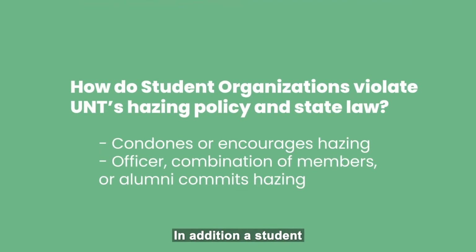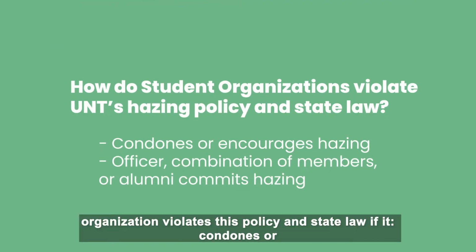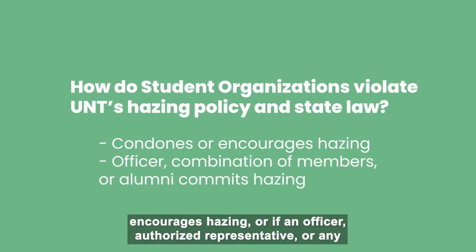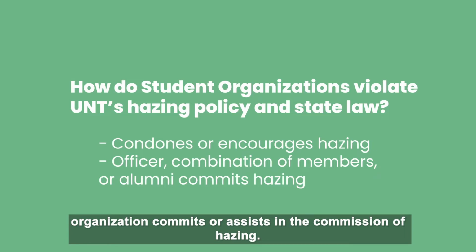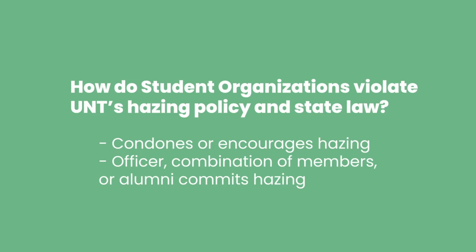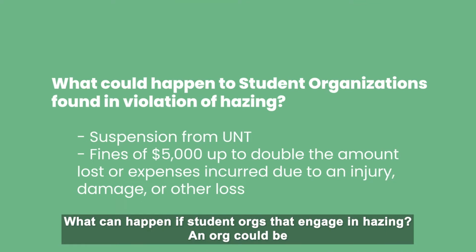In addition, a student organization violates this policy and state law if it condones or encourages hazing, or if an officer, authorized representative, or any combination of members, potential new members, or alumni of the organization commits or assists in the commission of hazing. What can happen to student orgs that engage in hazing?